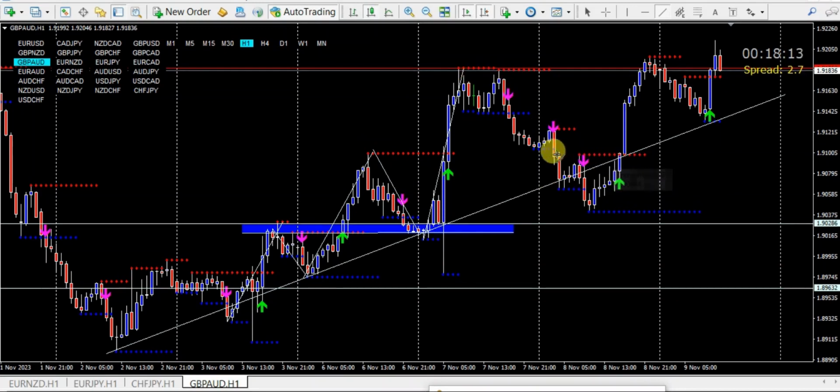Okay, let's use this place as an example. The price broke this place. Now I am waiting for a retest to this level, which never happened.